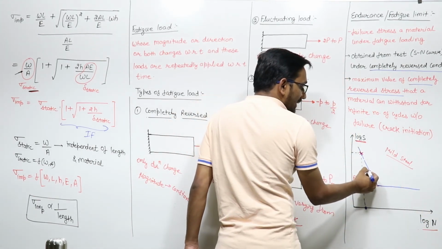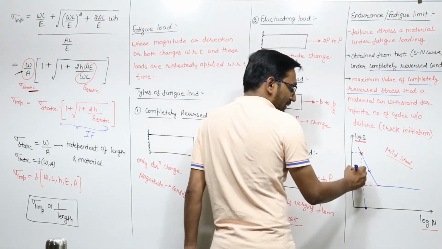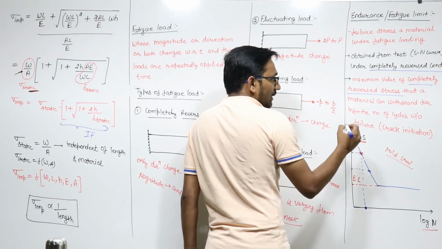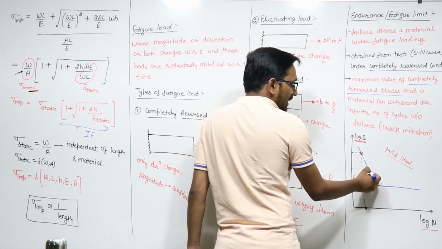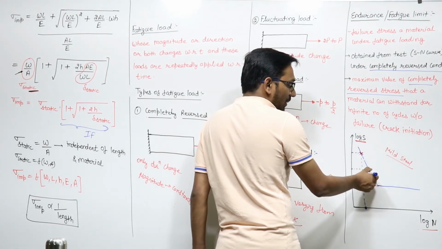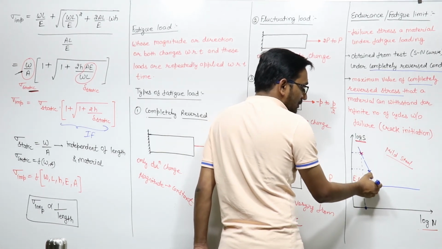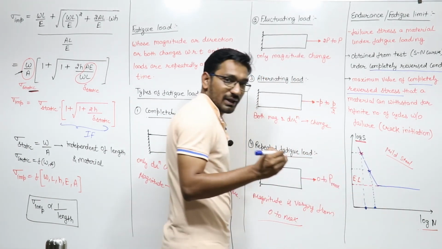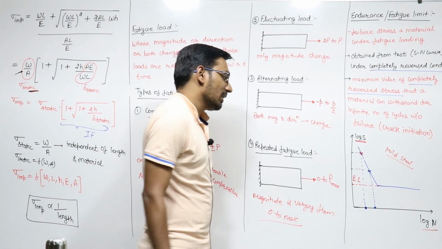If this is the maximum completely reversed stress, and this amount of stress is developed inside the body, then this body will fail after this much amount of cycles, right?